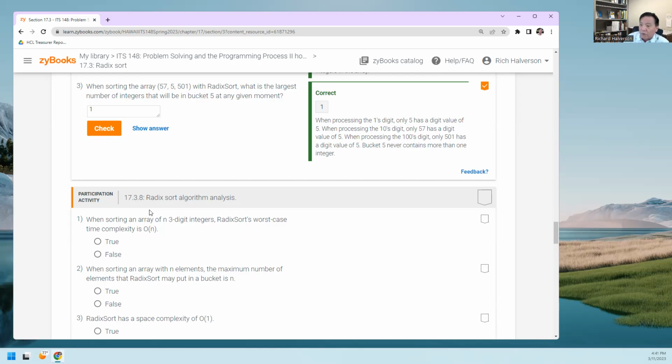So I would say it's true that it's O of n, because there's going to be a coefficient there, but we still say O of n.